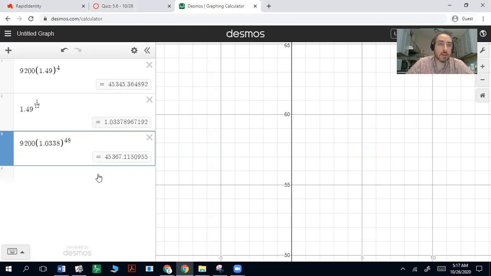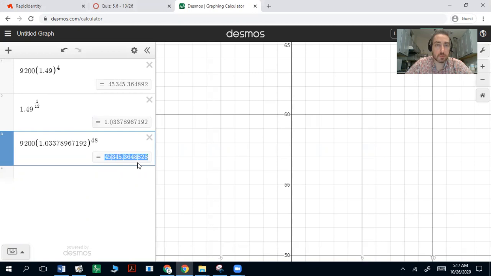For the most part, now I did round, they're pretty equivalent, okay? They're off by a little bit because of that rounding, but if I go out a little bit more, you effectively have the same number, right?